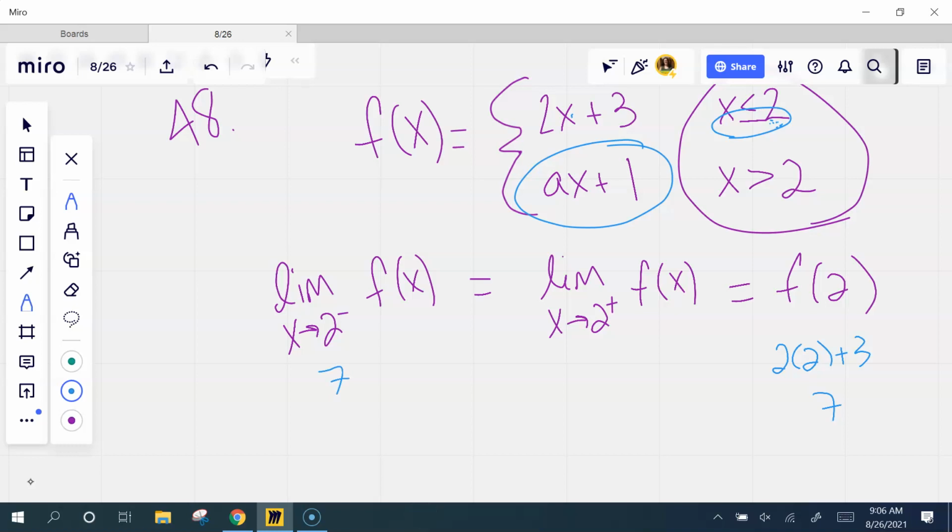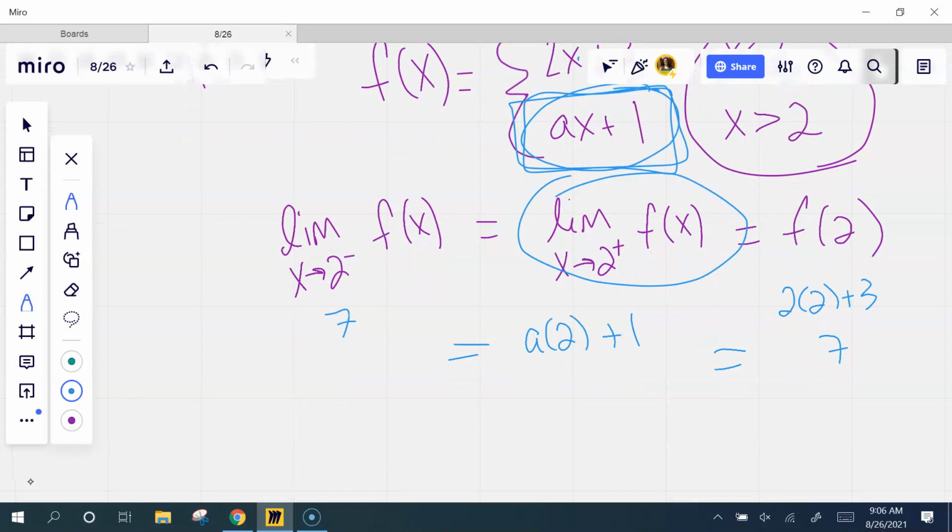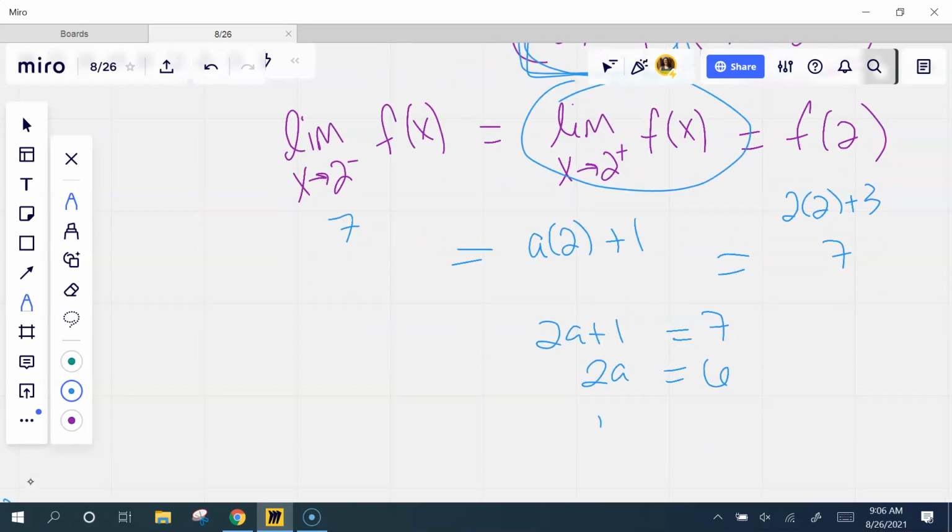The limit as I approach from the right, which is going to be this equation, must equal this as well. So 2a plus 1 has to equal 7. So 2a has to equal 6. So a has to equal 3.